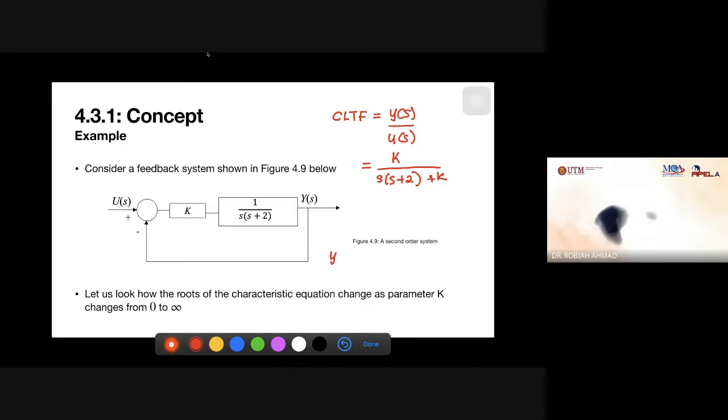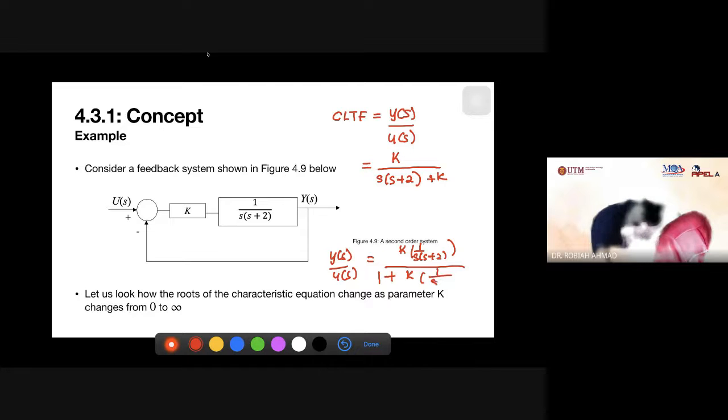So Y(s) over U(s) equals KG over 1 plus KG. KG tu 1 over s(s plus 2). So K over s(s plus 2) over 1 plus KG. You simplify, you akan dapat this one.